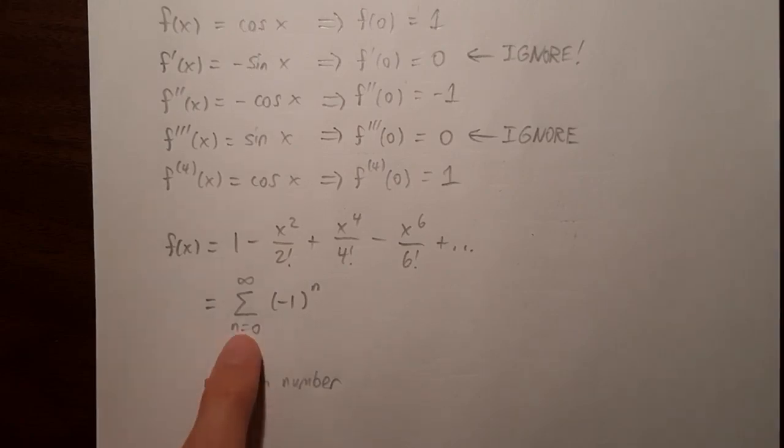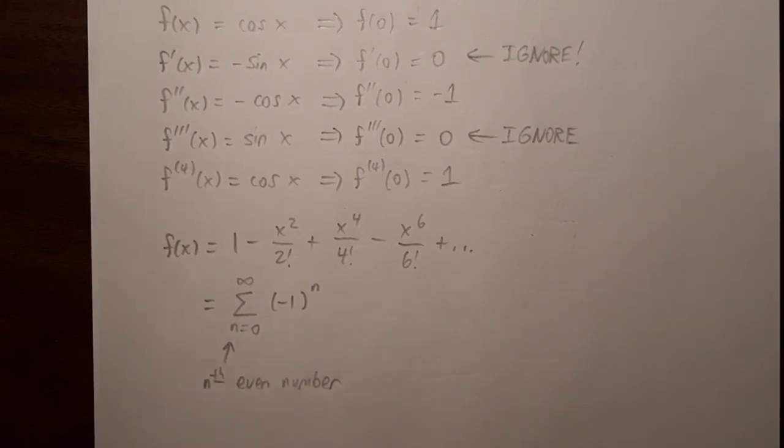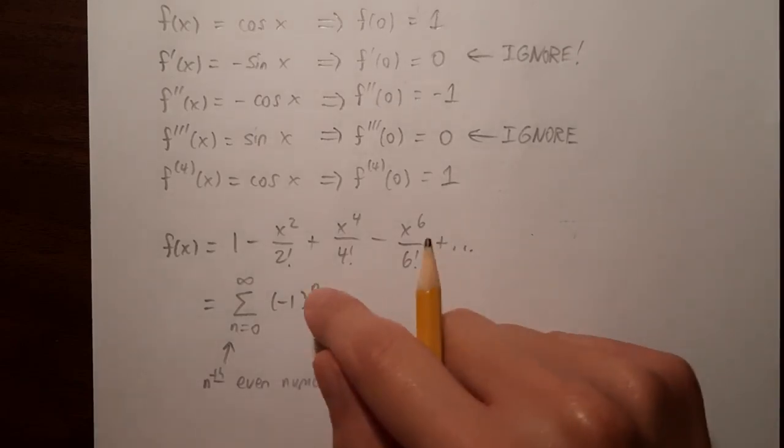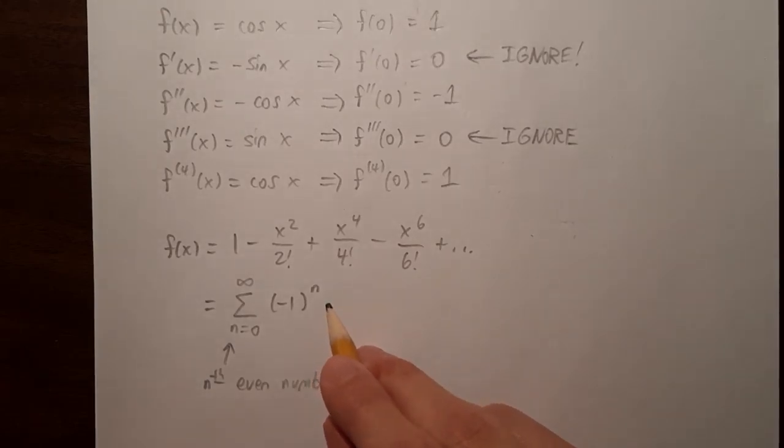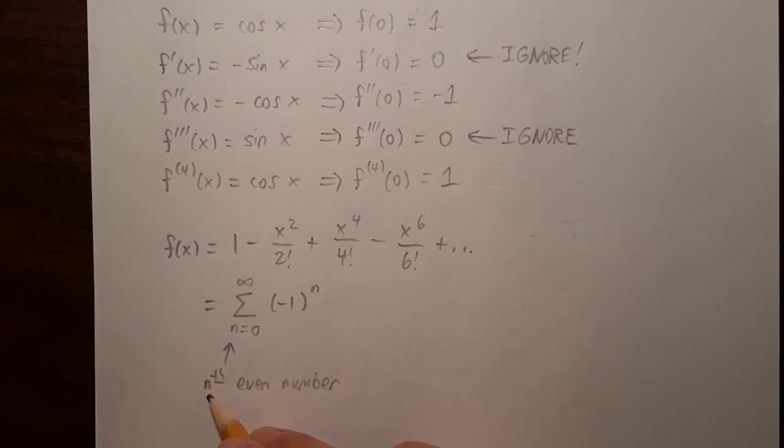So this n is still going to run the usual course. It's going to go from n equals 0, and then n equals 1, and then n equals 2, and n equals 3. We're not going to skip the odds here, but we will let it represent which even number in the sequence we're dealing with.